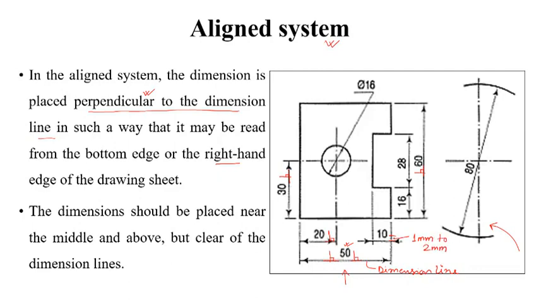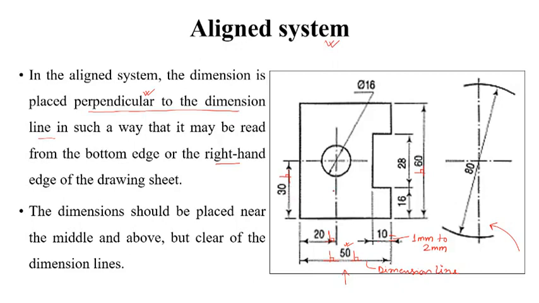And the dimension figure should not touch the dimension line. Second thing is that when we place the dimension figure, it should be placed preferably or always at the middle of the dimension line. We have to place the dimension figure at the midpoint of the dimension line.